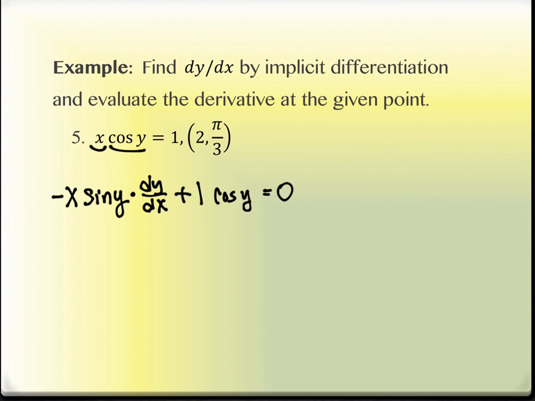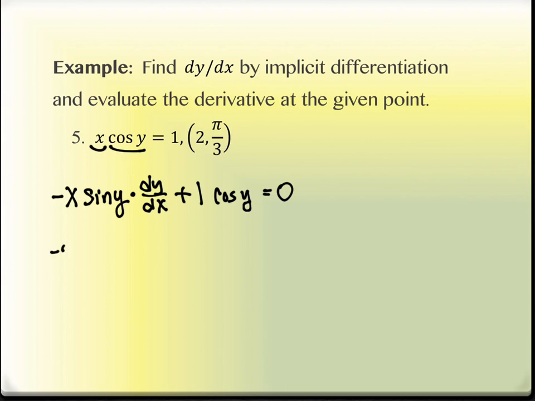And as you look at this, you should notice, yeah, I've got x's and y's and dy dx's. There's 3 unknown quantities in this particular derivative, right? But it's okay. And in fact, you don't even have to simplify from here and solve for dy dx if you don't want to. You can actually evaluate it and then solve. So let me show you what I mean. We're trying to evaluate this with the 2 in for x and the pi thirds in for y. So I'm going to put them in.